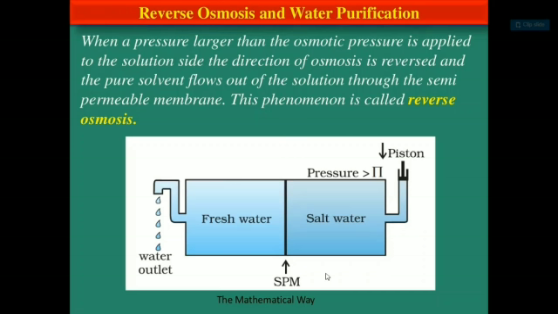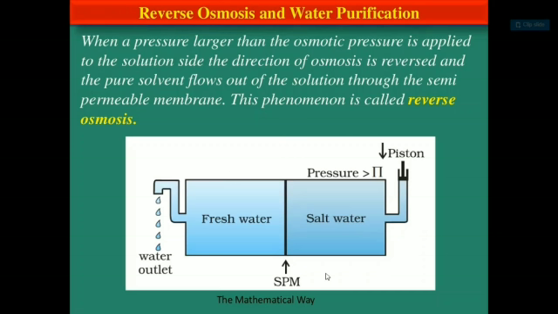Let's see. When a pressure larger than the osmotic pressure is applied to the solution side, the direction of osmosis is reversed and the pure solvent flows out of the solution through the semi-permeable membrane. This phenomenon is called reverse osmosis. Actually, what happened in osmosis?